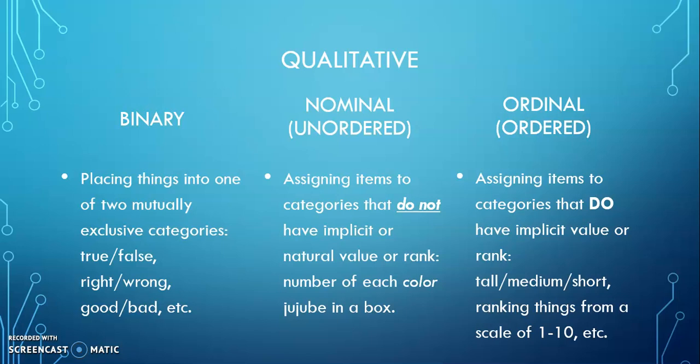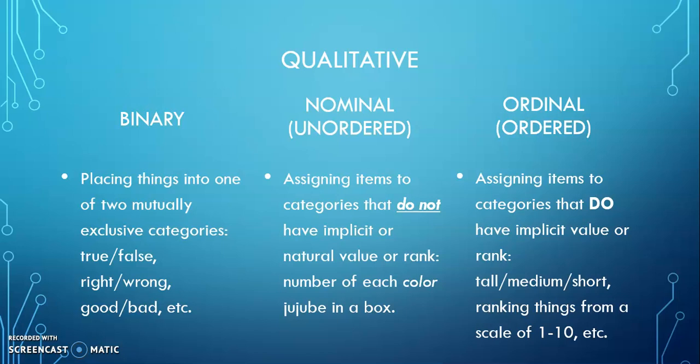Ordinal qualitative data is whenever you assign something to a category that does have an implicit value. So something being categorized as tall, medium, or short, or rank your enthusiasm about everyone coming back to school on a scale from 0 to 10, right? There's inherent rank in those numbers or in those categories. If something's tall, you immediately think of things that are tall.